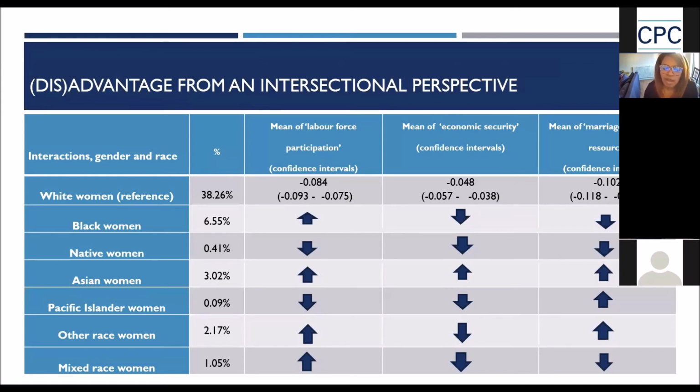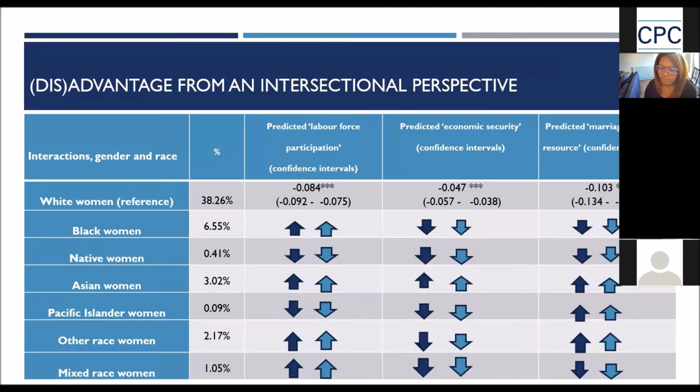Now, means are helpful, but they don't tell you whether or not there's a statistically significant difference between the categories. So here is where I did the OLS regressions with the race and sex interactions.